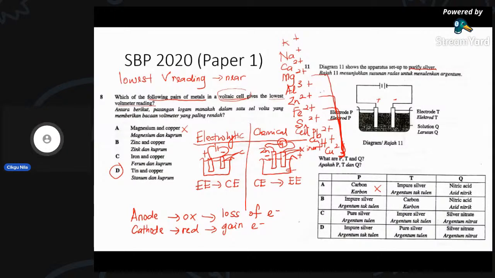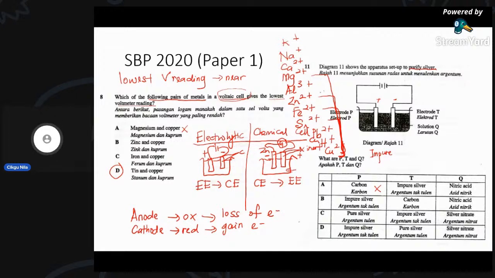So in electrode P, you're supposed to put in impure silver. Why put in impure silver? Because at your positive terminal, the electrode will become thinner, and then the silver will be deposited. It will come out from the electrode.